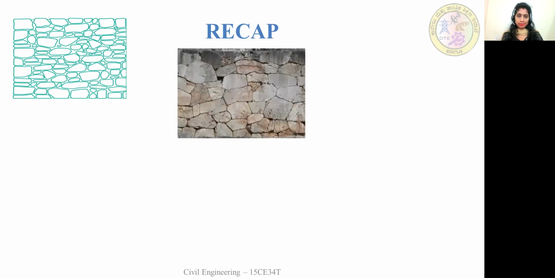Can you guess this one? These are all different types of rubble masonry I'm showing here. In this picture, the face shows irregular polygons, therefore it is known as polygonal rubble masonry.